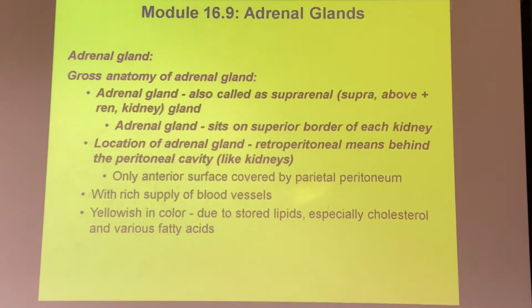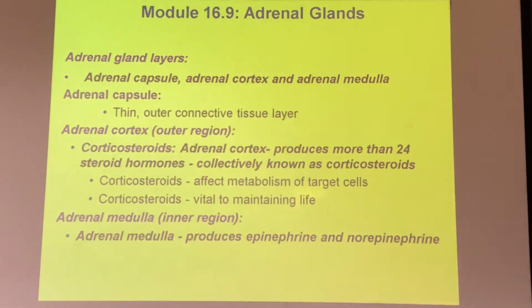So there are some organs in the body which are called retroperitoneal. One of them is the reproductive system, then the bladder, and the kidney. They are all retroperitoneal, meaning behind the peritoneal cavity.